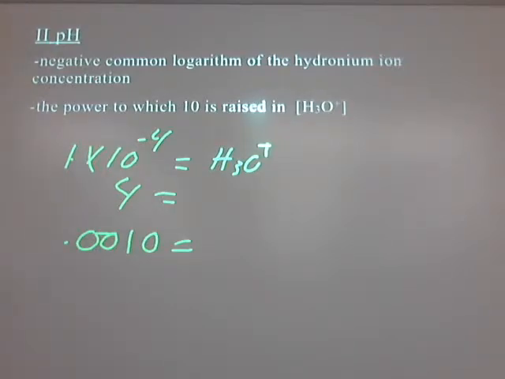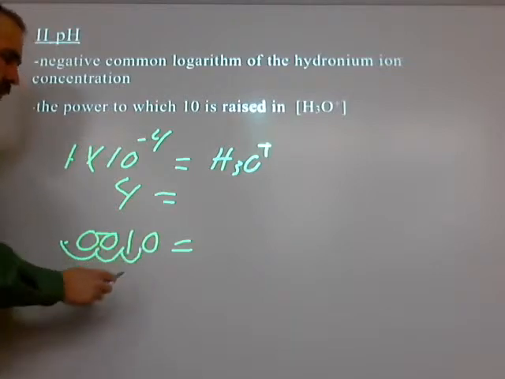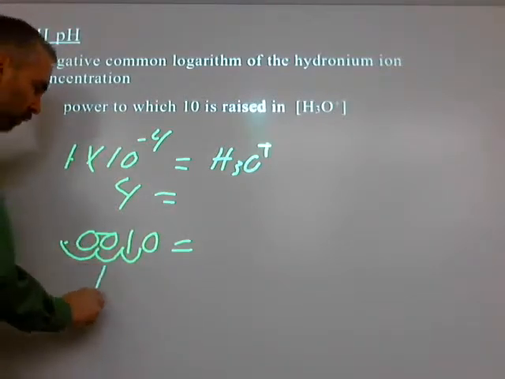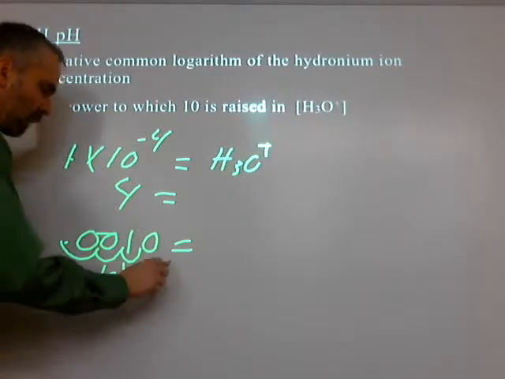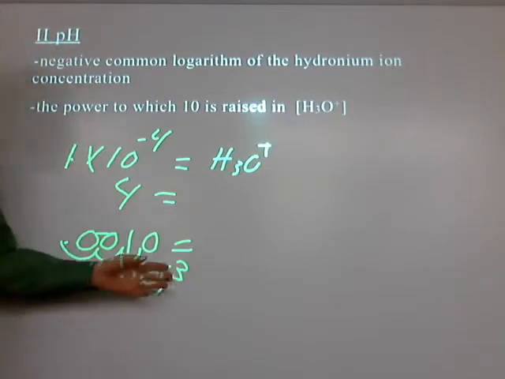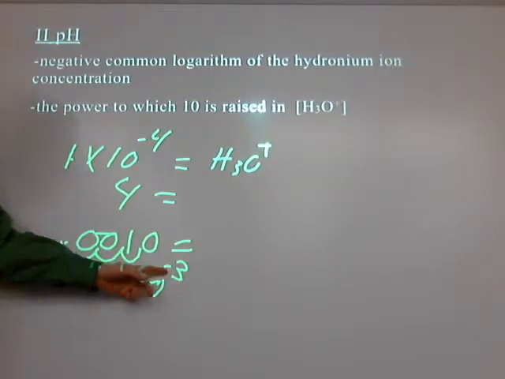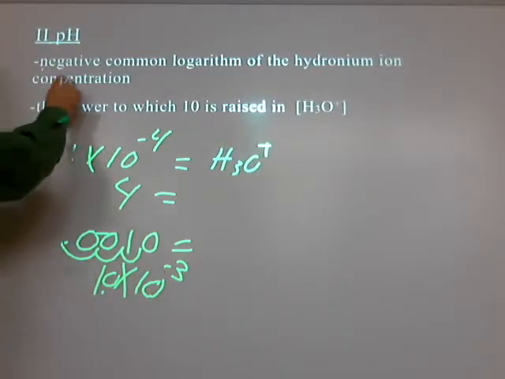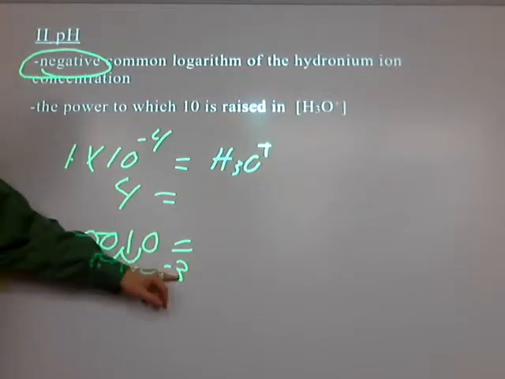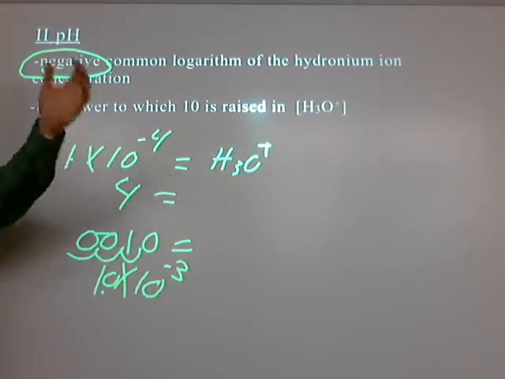No. 3. You have to move it over. 0.0010 is 1.0 times 10 to the negative 3rd. So the pH is the negative of the power. The power is negative 3, but it's the negative of that. Negative times the negative is a positive 3.